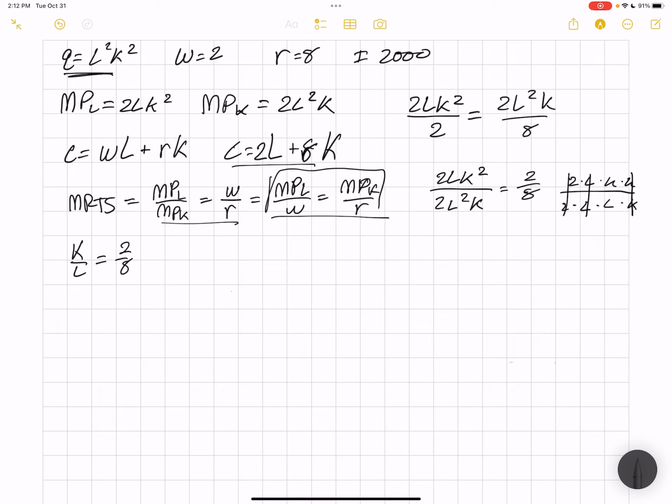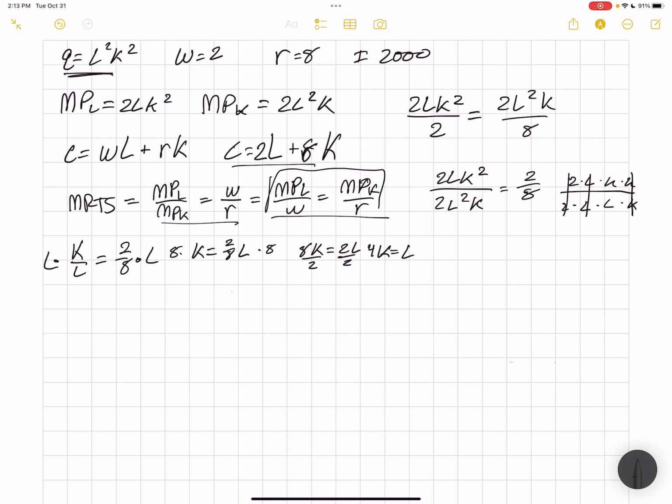We'll get L by itself, so times L on both sides. K is equal to 2 eighths L, times 8 on both sides. So then we have 8K is equal to 2L, divide by 2. 4K equals L.